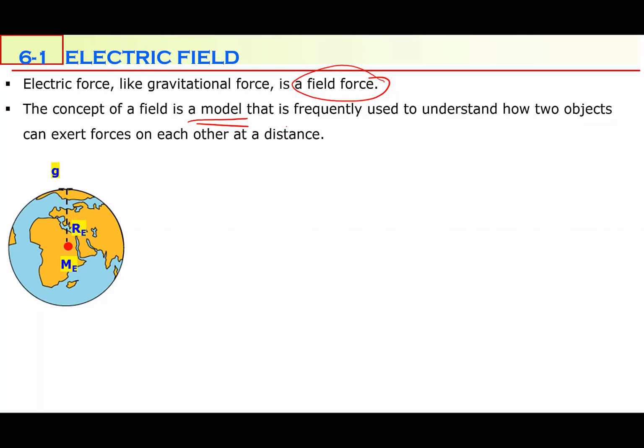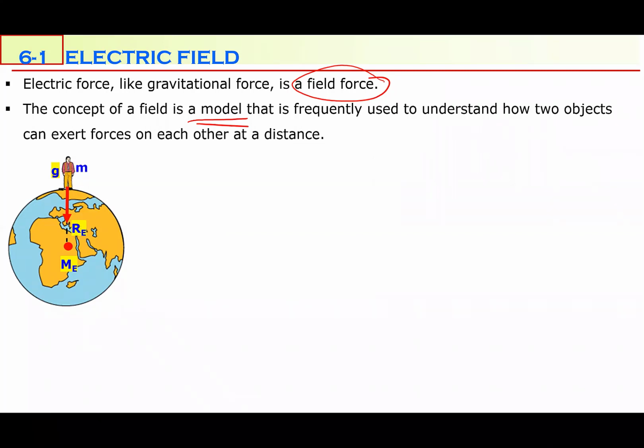We know that Earth produces a gravitational field around itself. Every object produces a gravitational field around itself. And we know that these gravitational fields can be calculated by the equation capital G, mass of the planet divided by the square of the radius. And when another object enters inside this field, like your body, for example, when you are standing on the earth, the earth will start pulling you towards the center by means of this gravitational field.